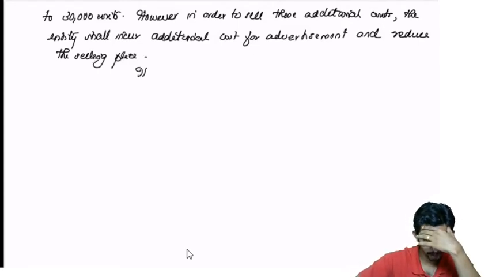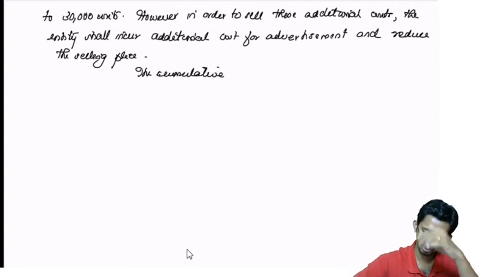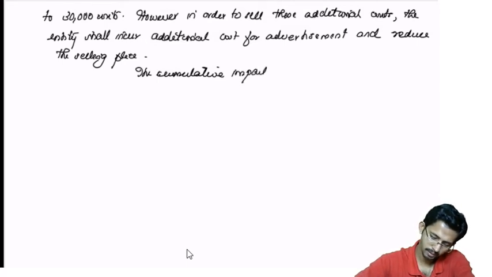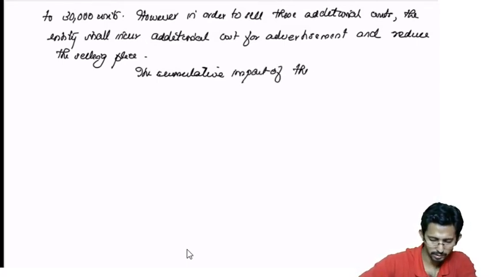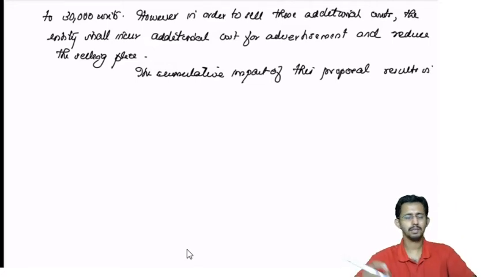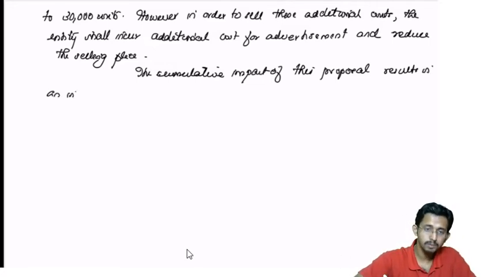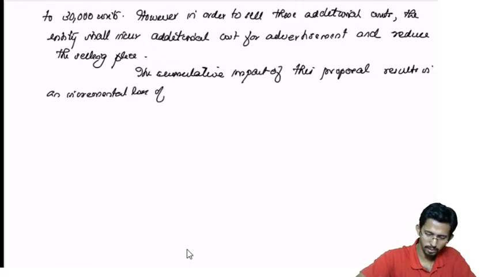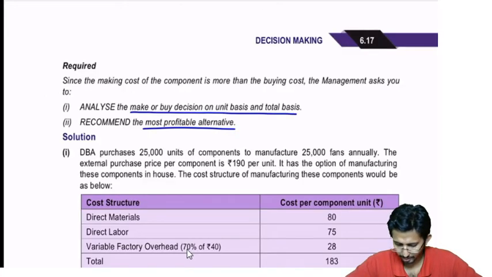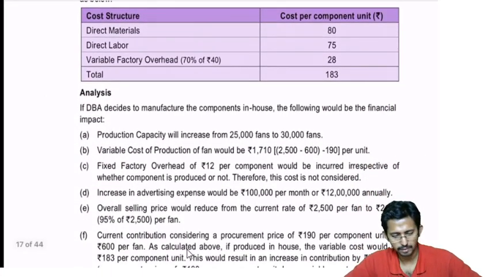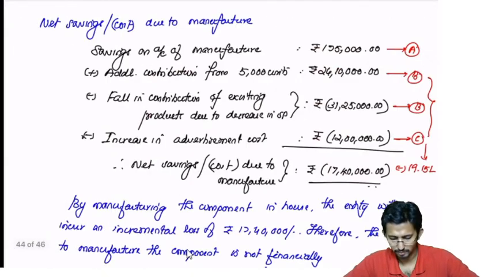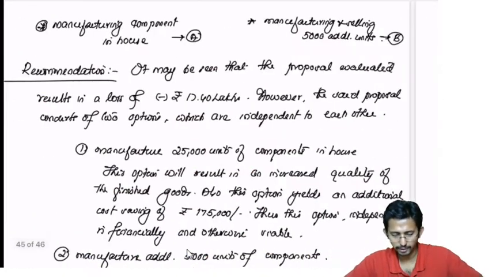The cumulative impact of this proposal results in an incremental loss of, what is the incremental loss? Incremental loss of 19,15,000.